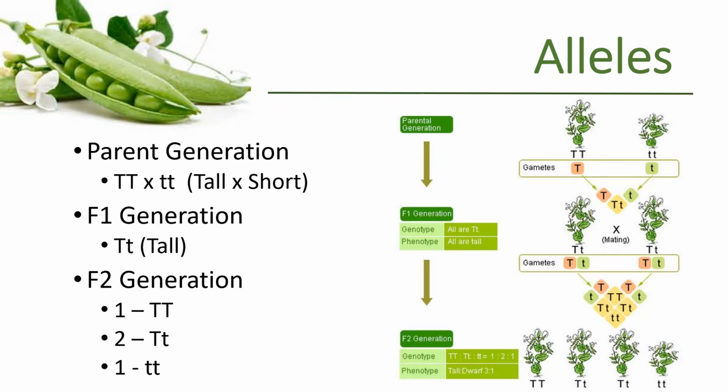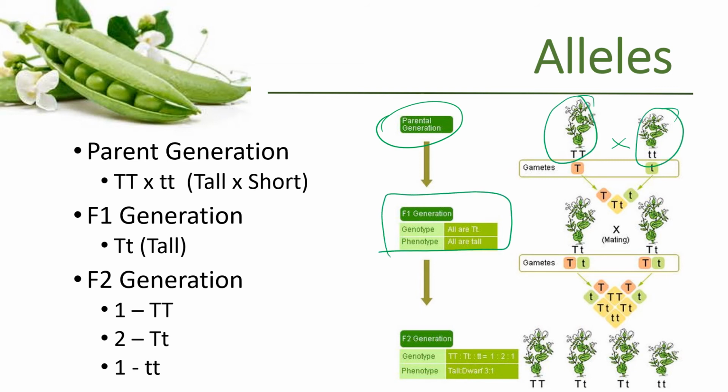So as a review, we would take the parent generation and cross true breeding plants, one that's tall and one that's short. And in the F1 generation, we would get all tall plants. They would be heterozygous. They would all be a mix of big T, little t, based on what the parents could give.